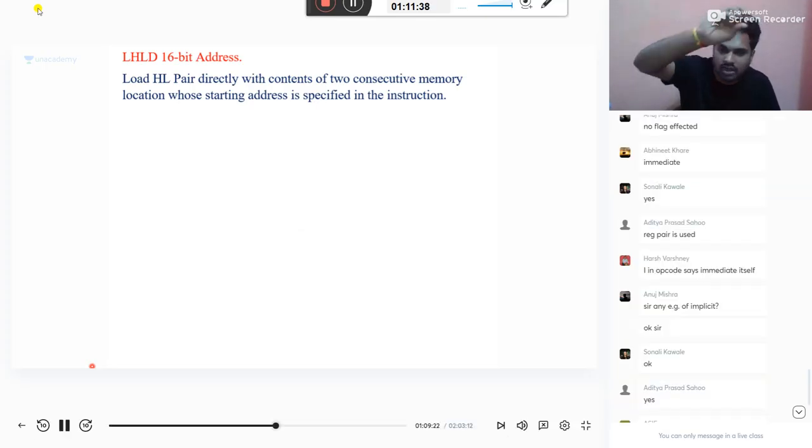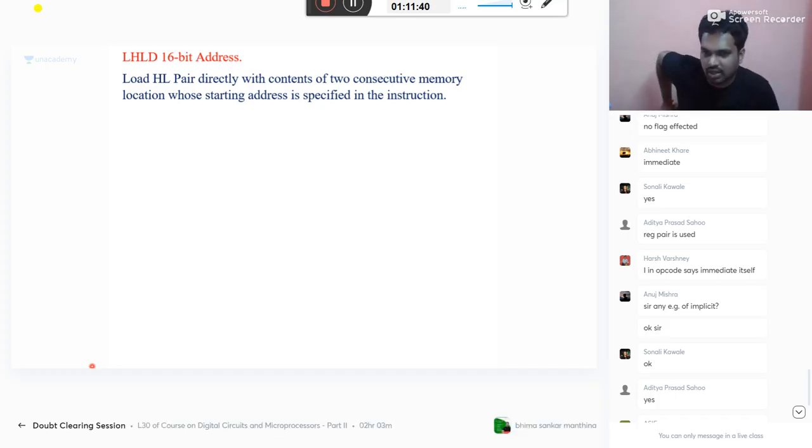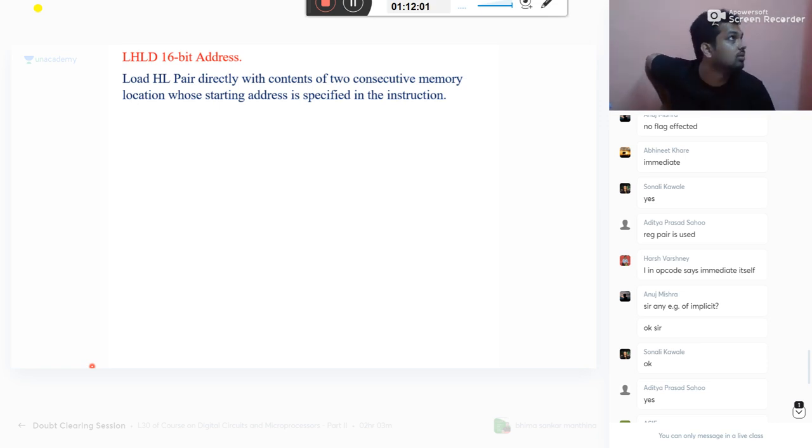One instruction is there to load the accumulator. The accumulator is an 8-bit register, but to load HL, H and L, how many registers are there? H and L is a 16-bit register. Yes, HL is a 16-bit register, so you need two addresses.